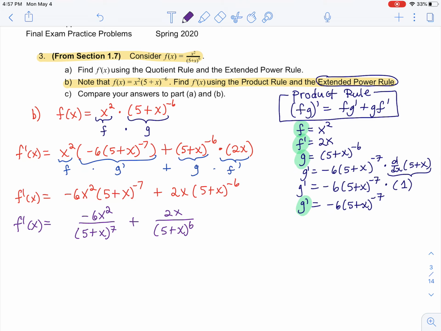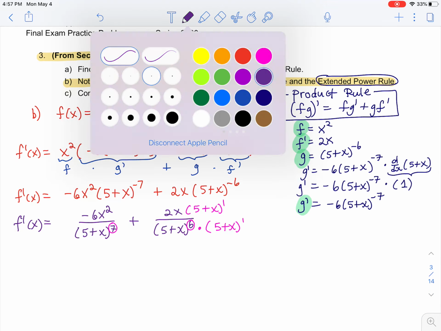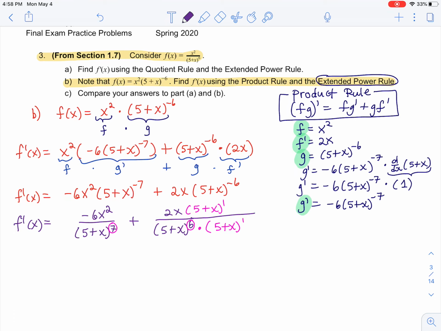Now, the only thing that we have left to do is just add these two fractions. If you want to add fractions, you need what? Common denominators. Right now, I have 7 and I have 6 power. So what I can do is multiply this one by 5 plus x to the first power, right? Because 6 plus 1 is going to give me 7. So we're doing this common denominator.